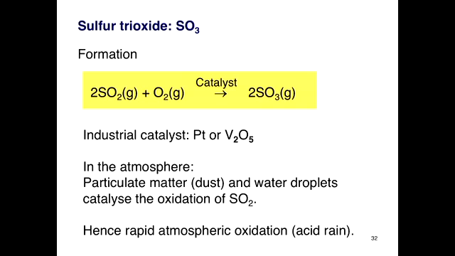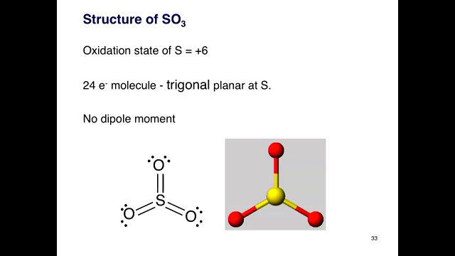Once you get SO2 in the atmosphere, if there's particulate matter like dust or ice crystals, they can provide a catalytic surface for the conversion of SO2 to SO3. And once SO3 forms, we're in trouble, because SO3 can combine with water to give sulfuric acid, which can come down as acid rain. We might say a word about that a little bit later on.